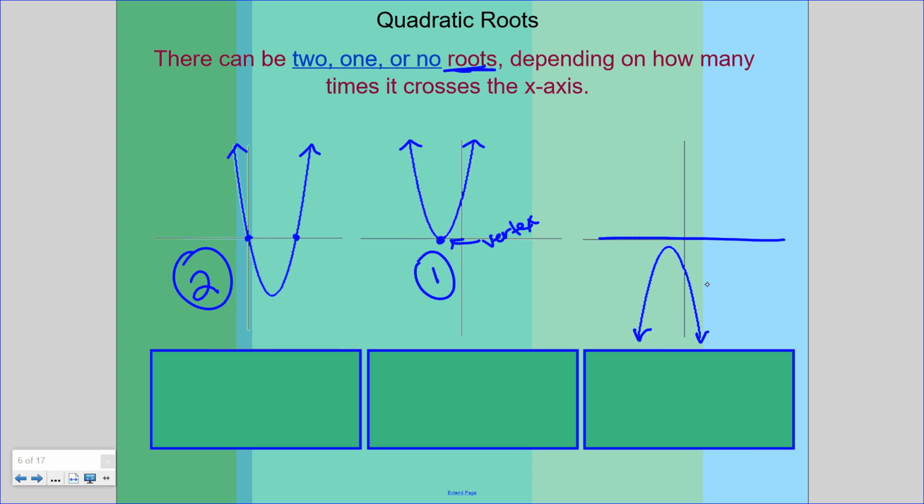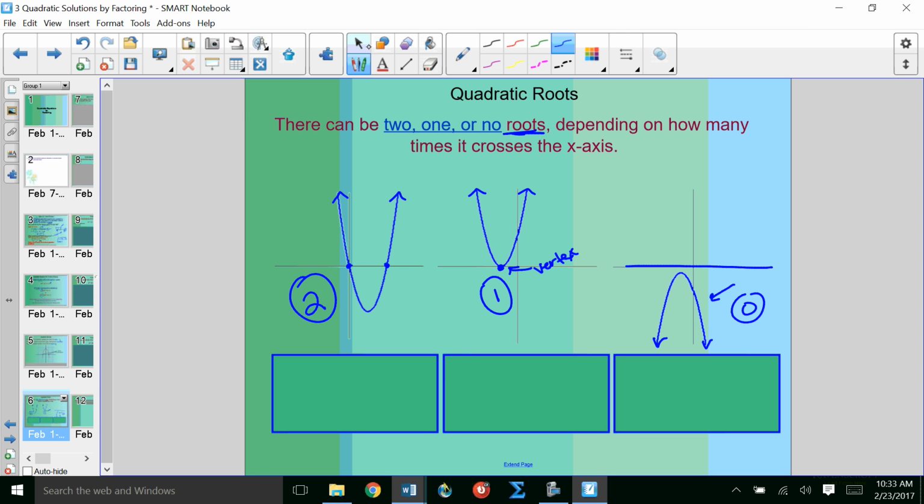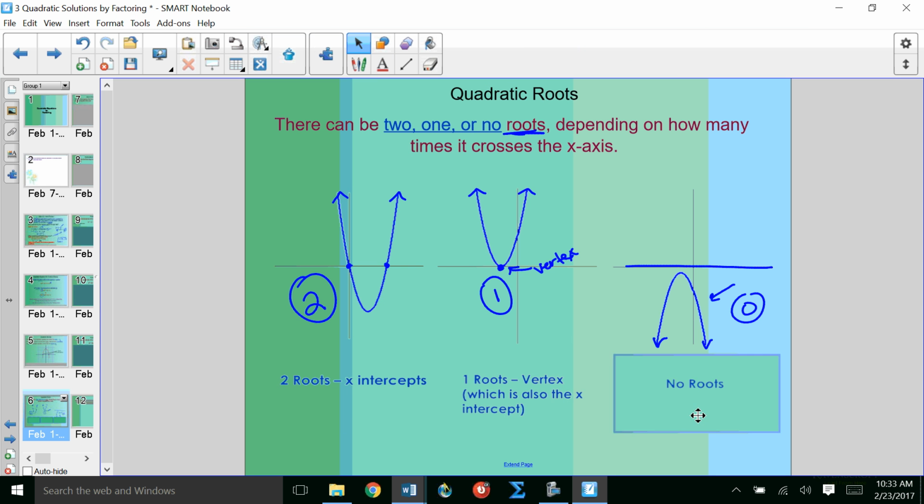And here's an example of that over here with no roots, 0 roots. This doesn't mean you can't graph it. If we're in this situation, we would just set up a table to graph it, which is why we still need to know how to graph equations using the table method.